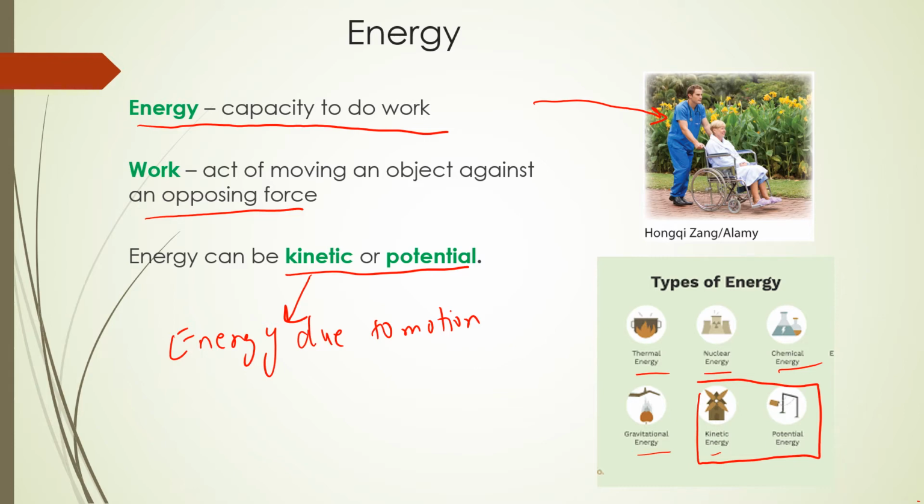Potential energy, on the other hand, is the stored energy in any object. All matter possess potential energy as a result of its position or composition. So potential energy is stored within the matter.